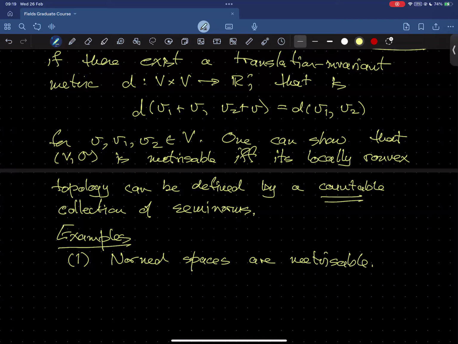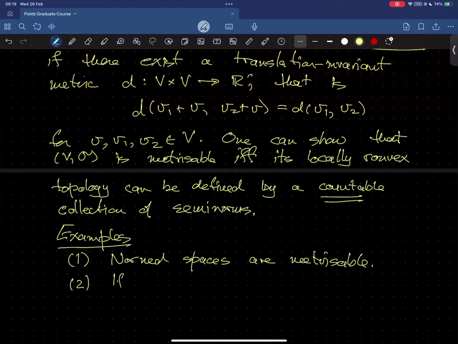And this is obvious because the locally convex topology is defined by a single seminorm, which in fact isn't just a seminorm, but it's a norm. Okay, so Banach spaces and Hilbert spaces, those are examples of metrizable spaces.